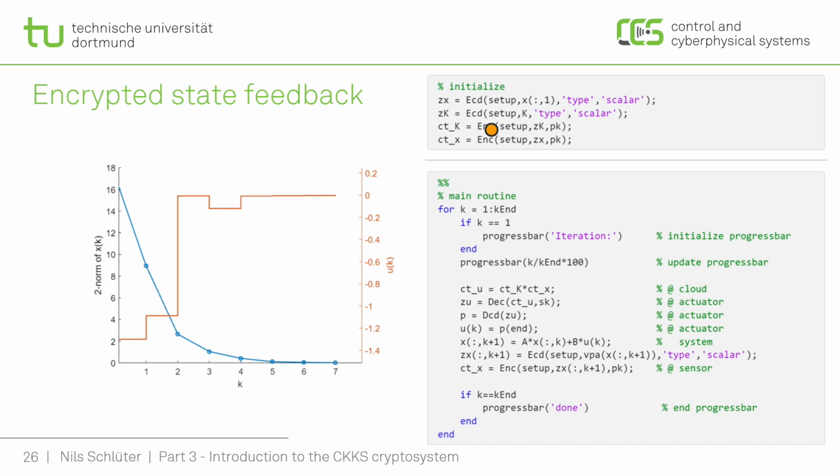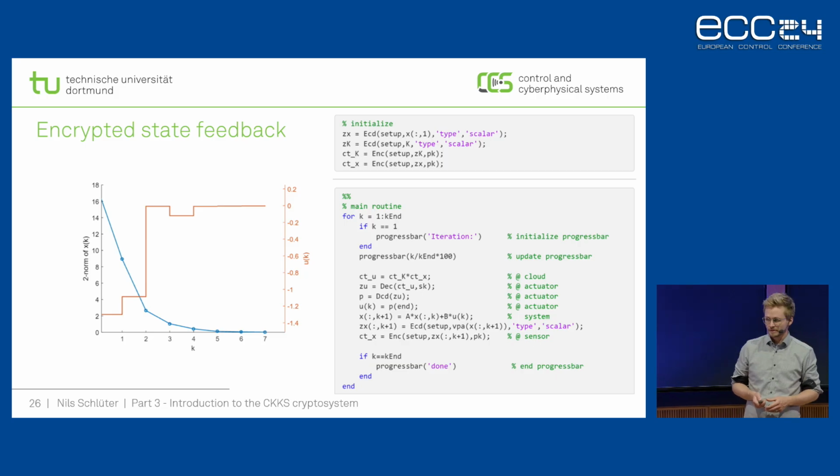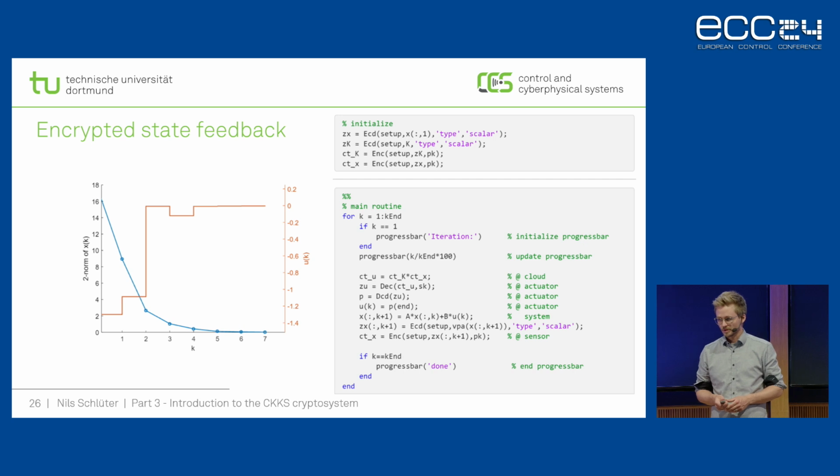We have the encryption of K and X. Again, everything is overloaded. So here we have the computation of the control input, we have the decoding, and we apply it to our linear system dynamics, encode at our sensor again, encrypt at our sensor again, and then evaluate again our state feedback on another device. In this context, we assume it's a cloud.